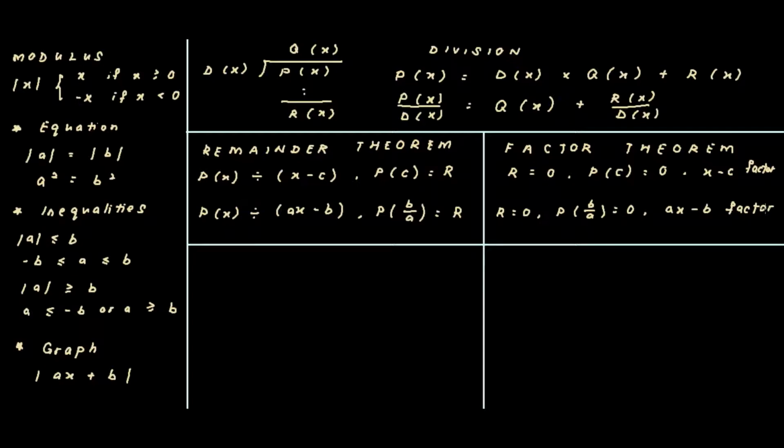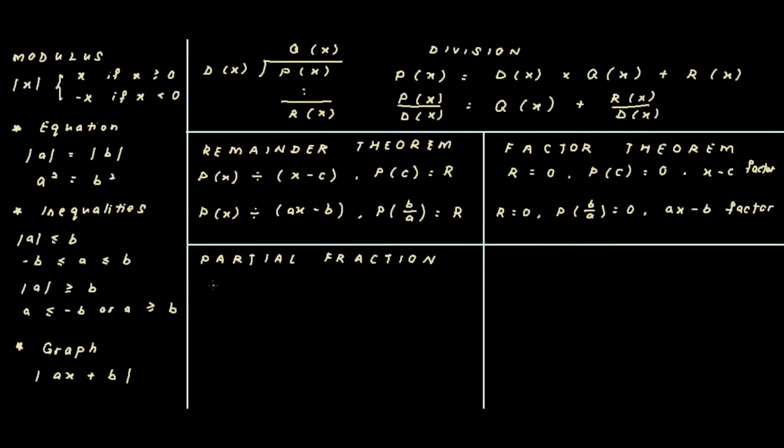So this is under the topic of the remainder theorem and the factor theorem. The next one you learn about is called partial fractions. For partial fractions, you have three types. The first one is the distinct linear factor.